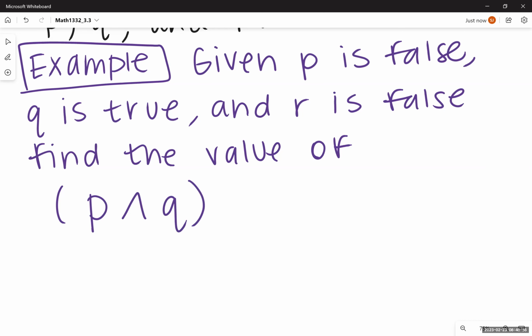And then what we're going to do is put the truth values that they gave us underneath them, and then just look at the truth values and the connectives the same way my little shortcuts look. So you'll see: open P and Q, close, if and only if, open Q or not R.